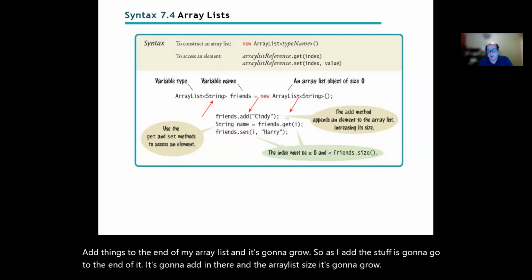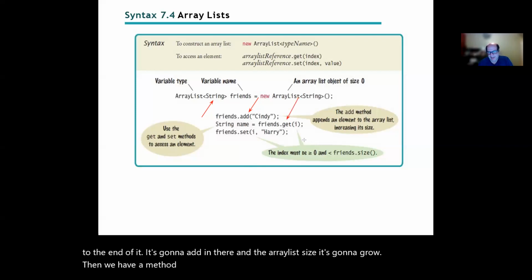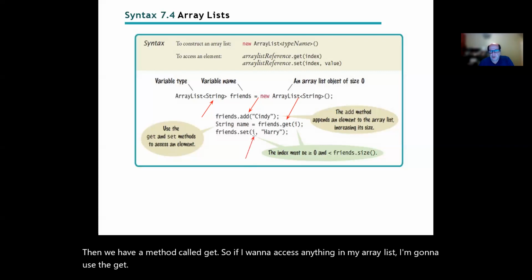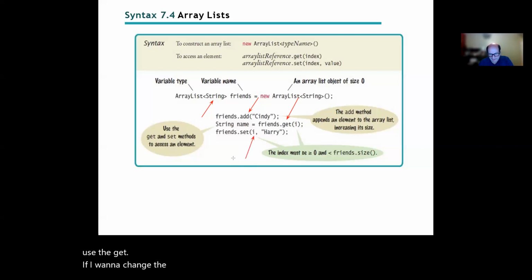Then we have a method called get. If I want to access anything in my ArrayList, I'm going to use get. If I want to change the content of anything in my ArrayList, I'm going to use set.